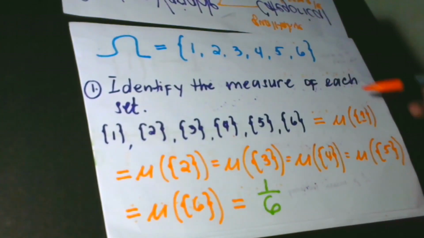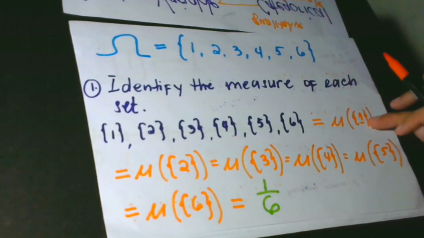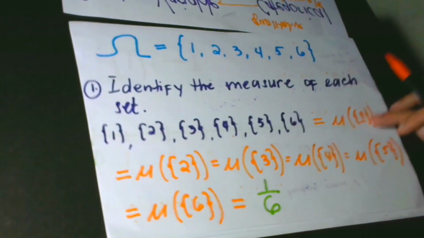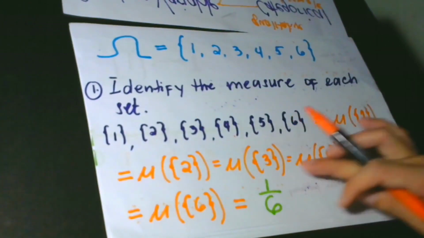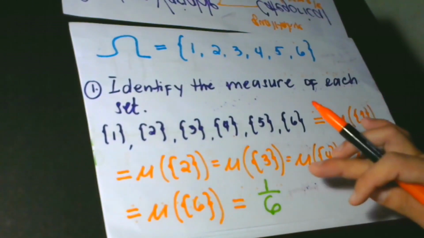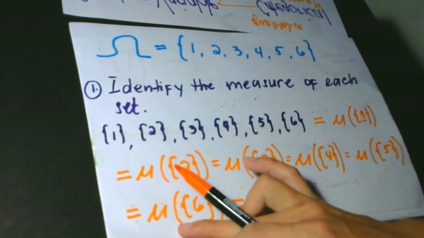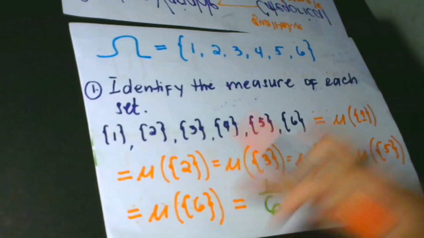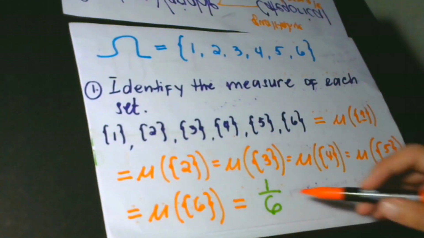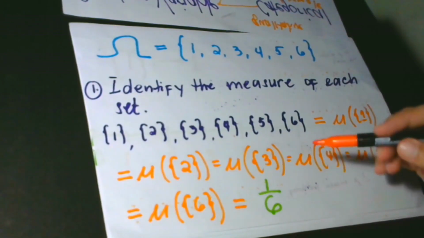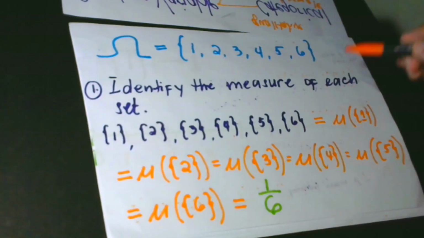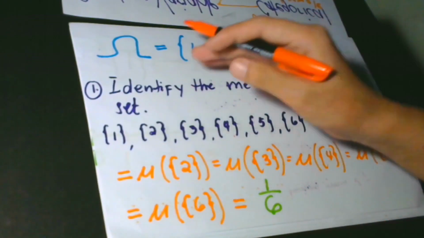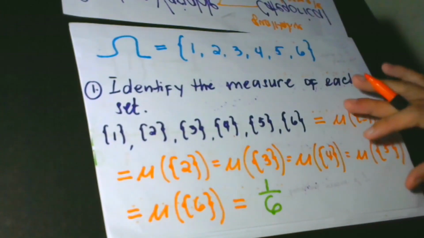The probability mass function of 1 is equal to that of 2, which is equal to that of 3, and so on and so forth until the probability mass function of 6. Again, as we said, each of them has a probability of 1 over 6 because they have an equal chance of taking place.